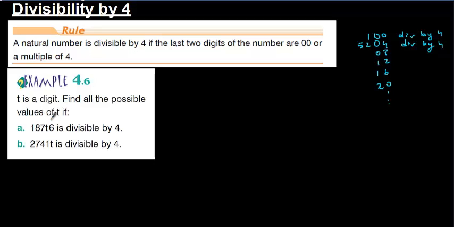Here one of the last 2 digits is not given, and it is written that t is a digit, which means t is an element of this set: 0, 1, 2, 3, 4, 5, 6, 7, 8, and 9.